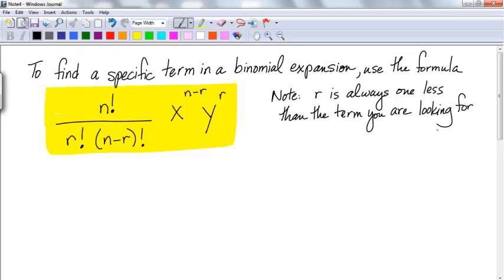The factorials, we've talked about the factorials on the calculator a little bit, but by definition, n factorial is n times n minus 1 times n minus 2, on down to 1. So 5 factorial is 5 times 4 times 3 times 2 times 1, which is 120.